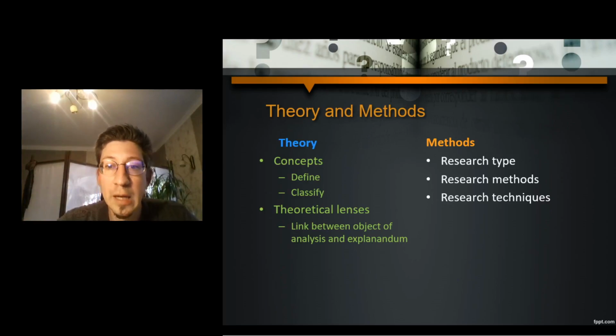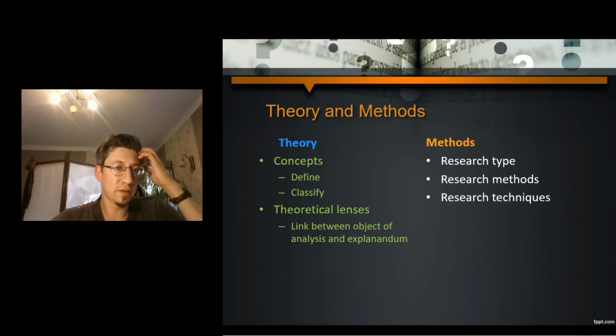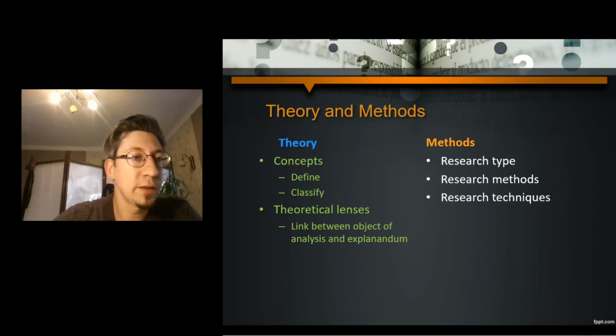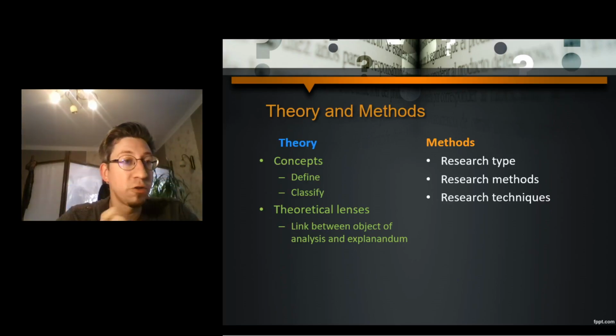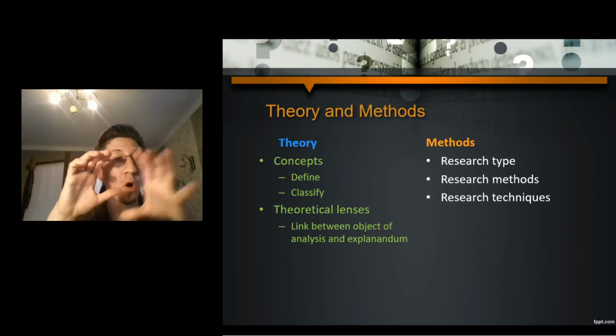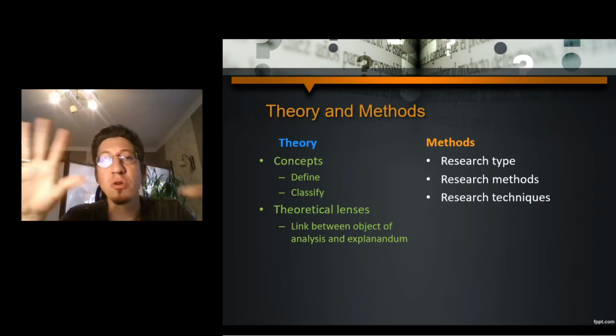Before I go into the details here, why do we use theories, right? Well, reality is endlessly complex. We cannot capture it. It would be too much data for us to understand. So what do we do? We take a lens, a theory, and we apply it as a kind of magnifying lens, or like a microscope, on a certain phenomenon, and this can be a social phenomenon, it doesn't matter.